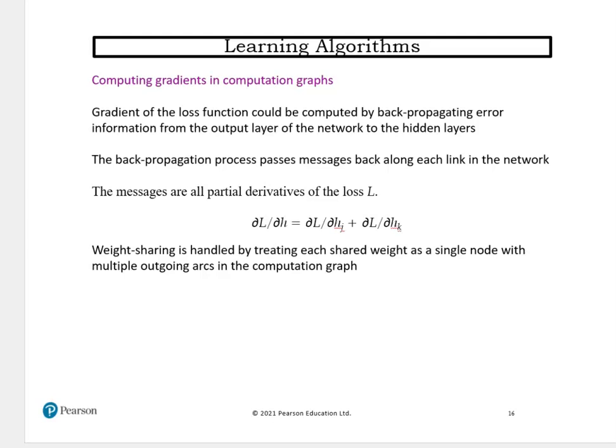Since for most networks that solve real-world problems, the dimensionality of the parameter vector W and the size of the training set is very large, we always try to use a small mini batch size m.